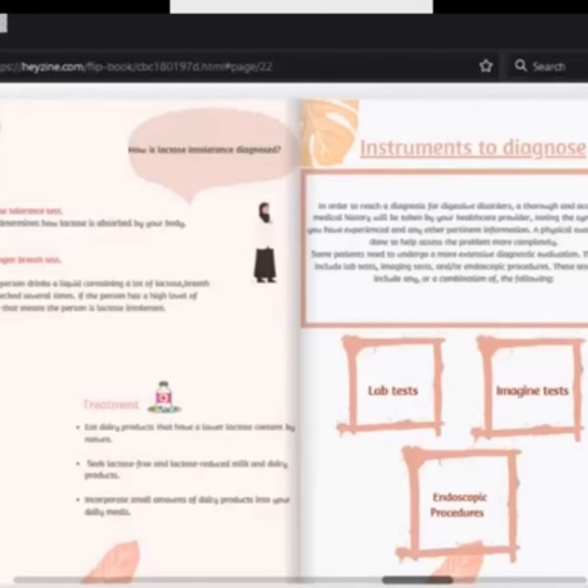Second, seek lactose-free and lactose-reduced milk and dairy products, like almond milk, soya yogurt, cashew, and coconut yogurt. Third, incorporate a small amount of dairy product into your daily meals.